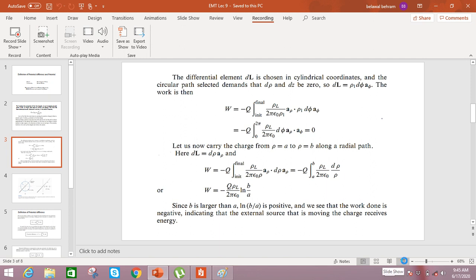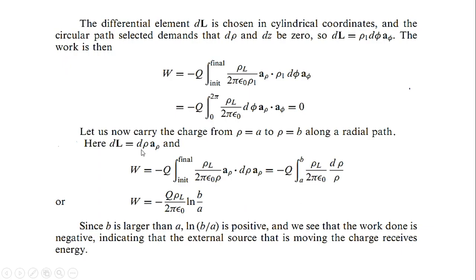Here dl is equal to d rho a rho and W is equal to minus q integral of E dot dl, and we know that a rho dot a rho is equal to 1. The initial point is A and the final point is B. So W will be equal to minus Q rho L divided by 2 pi epsilon naught integral of 1 over rho d rho.